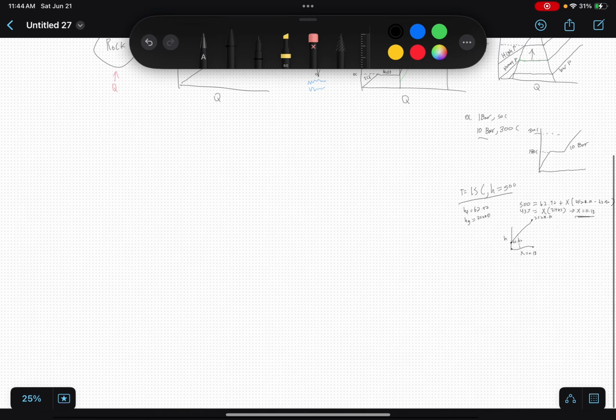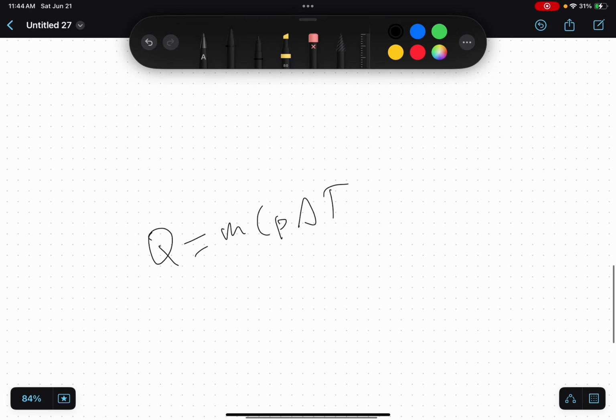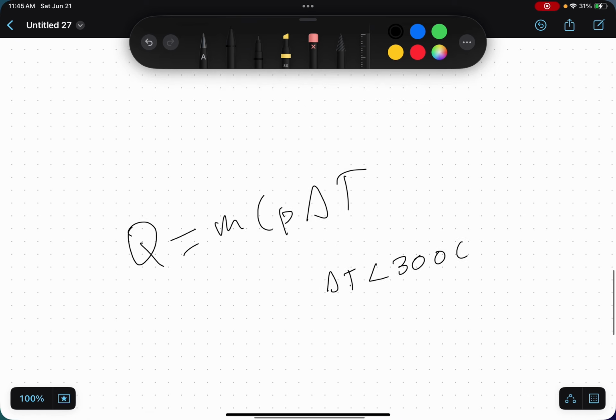So if you've used Q equals m Cp delta T, that works and it's valid as long as the delta T is not too extreme. What was the rule of thumb? Less than 300 Celsius. So if the change in temperature was less than 300 Celsius, you could roughly assume constant Cp and get a pretty accurate answer.